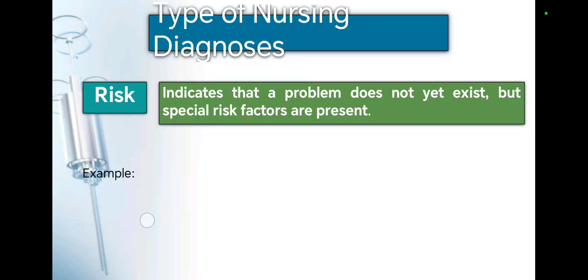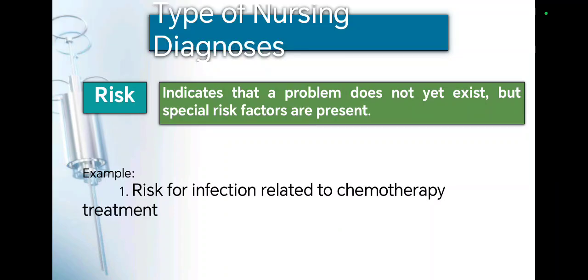So such as, example, risk for infection related to chemotherapy. Why? Because remember, in the treatment regimen of chemotherapy, it also affects the normal cells of the body, not just the cancer cells. So once the chemotherapy agents also damage the normal cells, it will cause a decline in the immune system, so we will not be able to fight any form of infection.